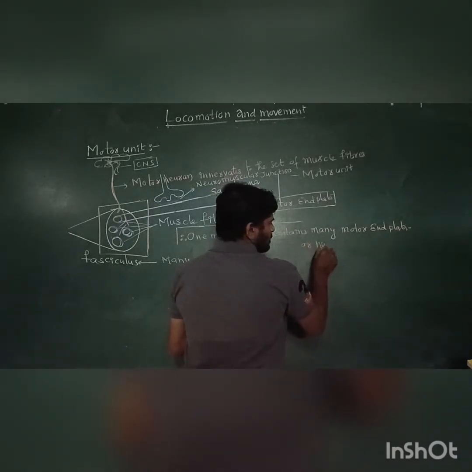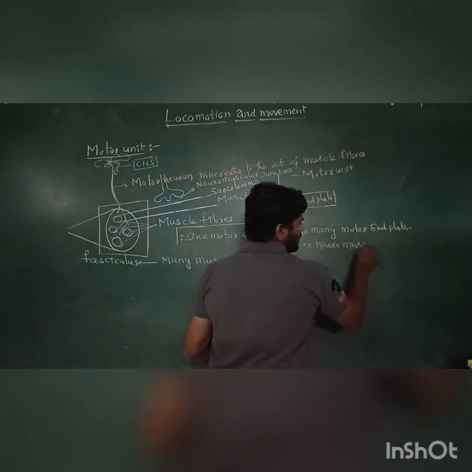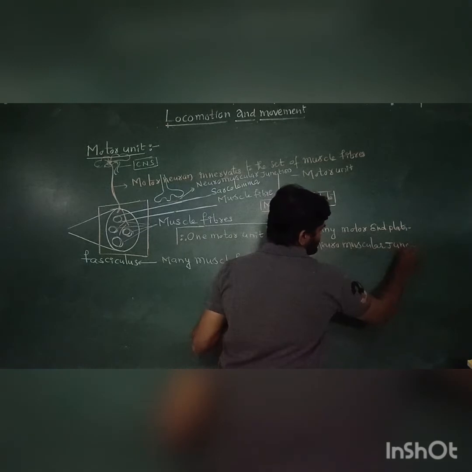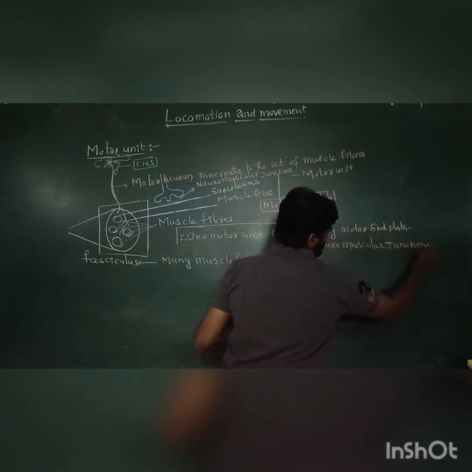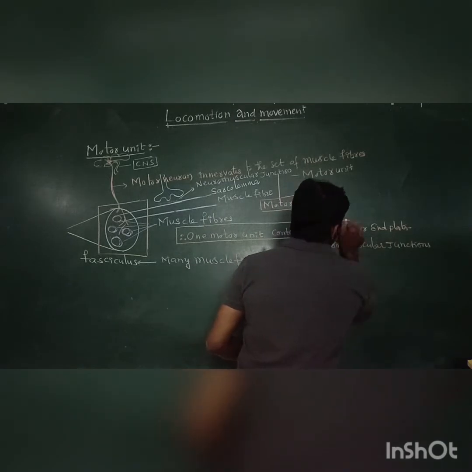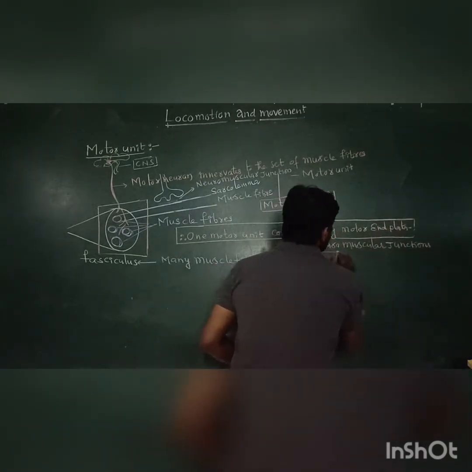The sarcolemma undergoes invagination at the AI junction to form the T tubule. What is the T tubule? Transverse tubule. This is the T tubule.